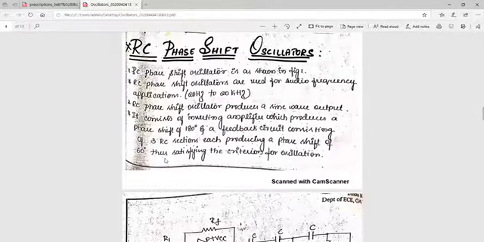So if each RC section is producing 60 degrees, 3 into 60 is 180. Because of the feedback circuit, I have a phase shift of 180, and because of the inverting amplifier, I have a phase shift of 180. So 180 plus 180, I will have a total of 360 degrees. We know that by the Barkhausen criteria, the entire phase shift of the circuit should be either 0 degree or 360 degrees. So that is being satisfied here.